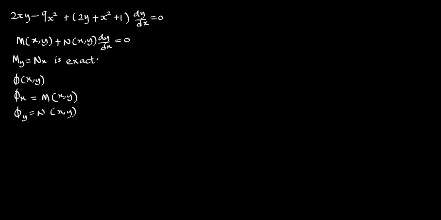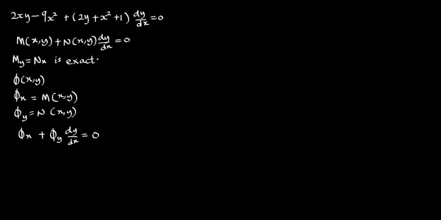For this reason, I can rewrite the general form as phi_x plus phi_y dy/dx equals 0. So our main goal here will be to find the function phi of (x,y), which we can differentiate with respect to x to get M(x,y), and with respect to y to get N(x,y).